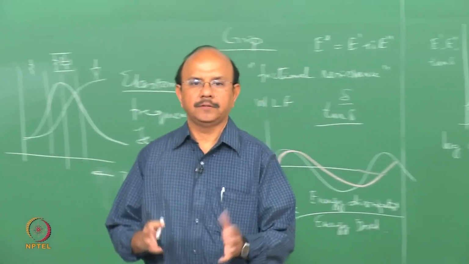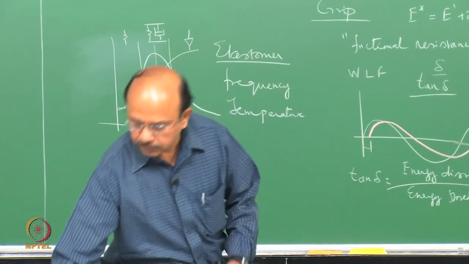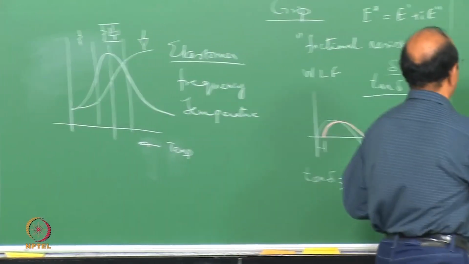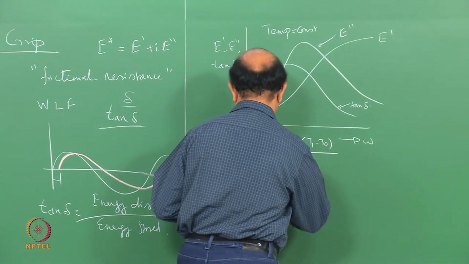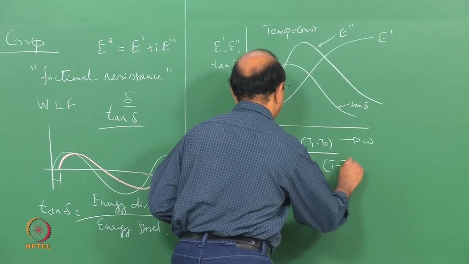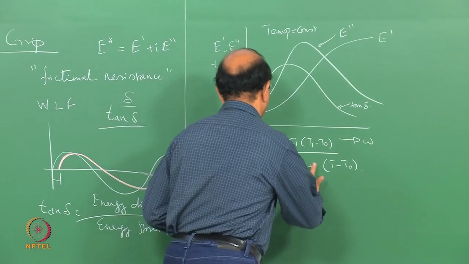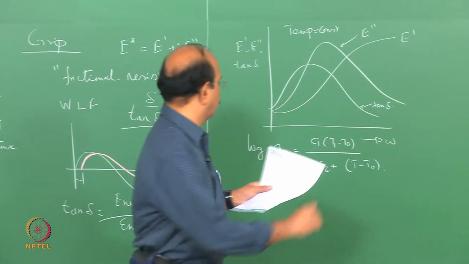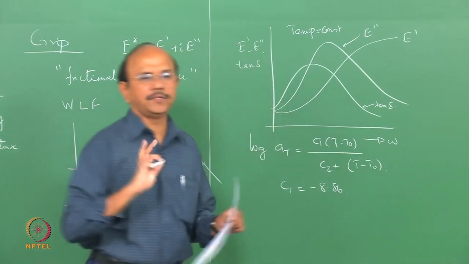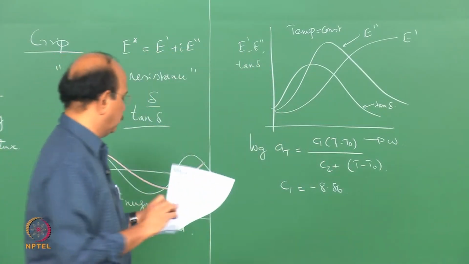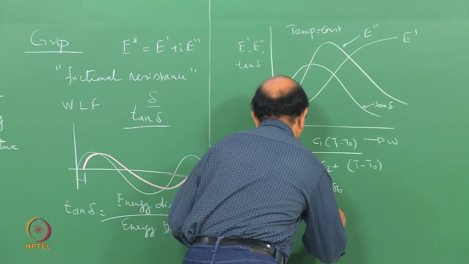Log of AT, the shift, is given by C1 into T minus T naught divided by C2 plus T minus T naught, where C1 is equal to minus 8.86, though it varies, and C2 is 101.5.